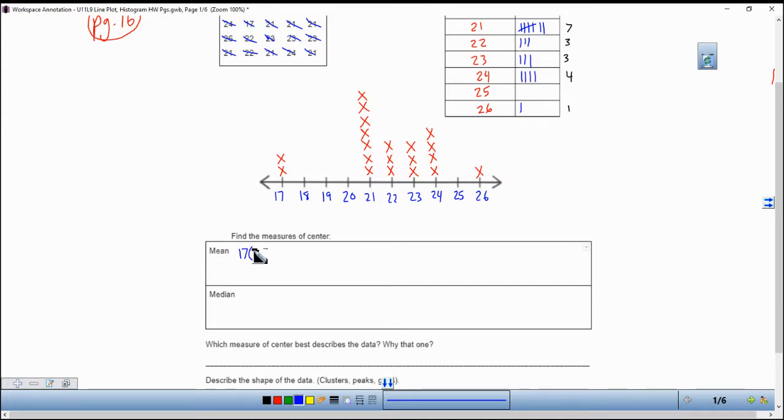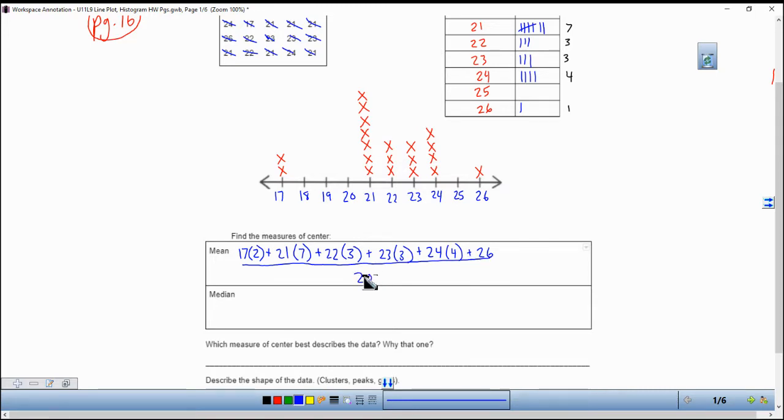We have 17 times 2, because we have 2 of those, plus 21 times 7, plus 22 times 3, plus 23 times 3, plus 24 times 4, plus 1 solitary 26. Once we get that, we're going to divide it all by 20, because there were 20 data points that we just added up.